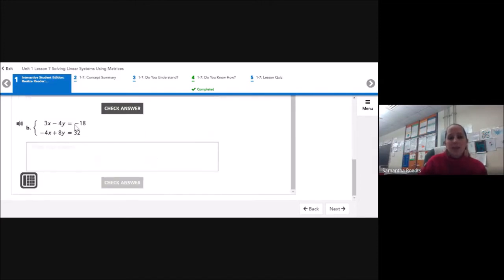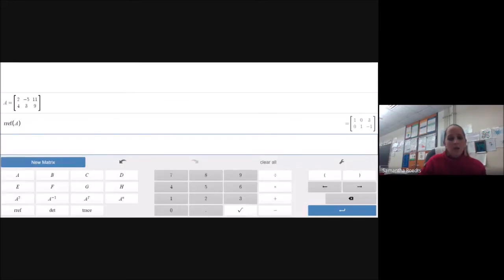So I can do the same thing for this one. So I have 3, negative 4, and negative 18. So I'm going to go ahead and create a new matrix. I'm going to add a column, so I have 3 columns. So I have 3, -4, -18.